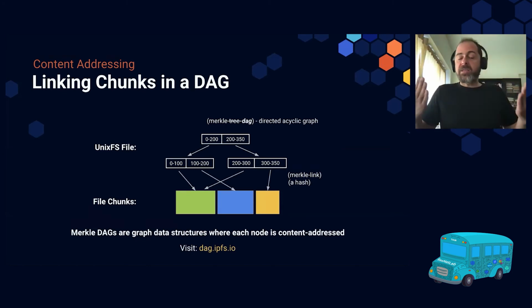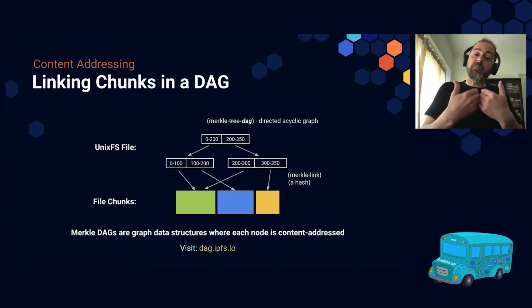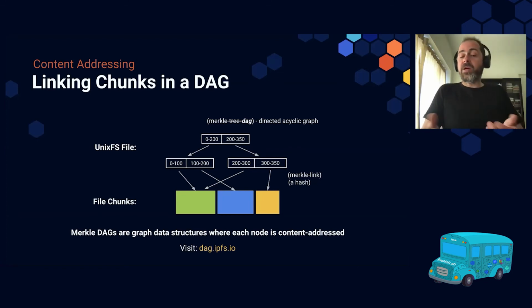Deduplication does not only exist at the object level, as we've seen in the beginning, but exists also at the chunk level. So what we want is to have this chunk appearing only once, and being linked both from this parent node and from this other parent node. In this case, we do not have to store the green block twice.